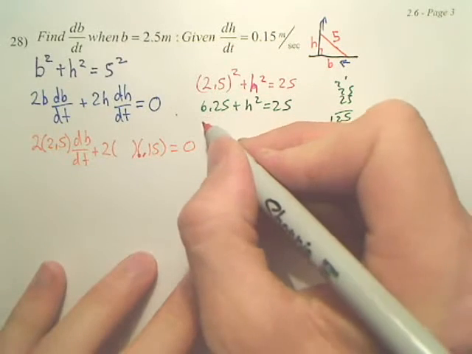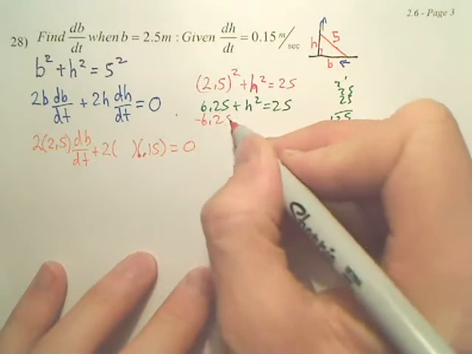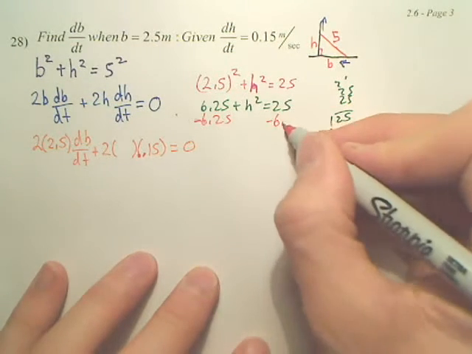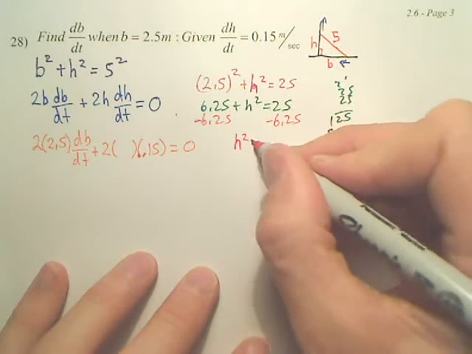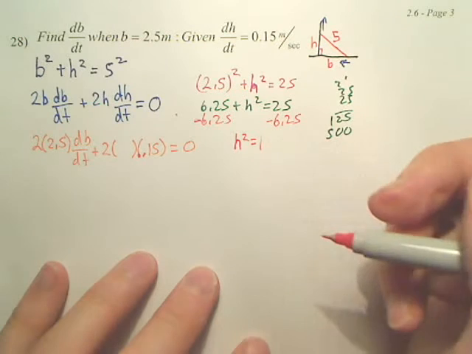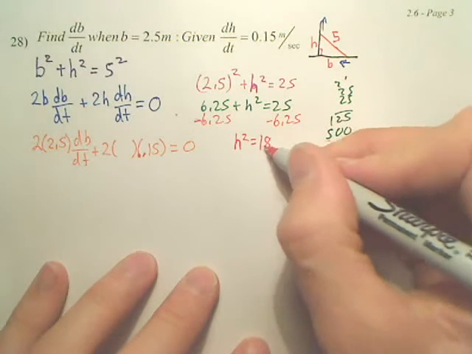So if we minus 6.25, you get H squared equals 18.75.